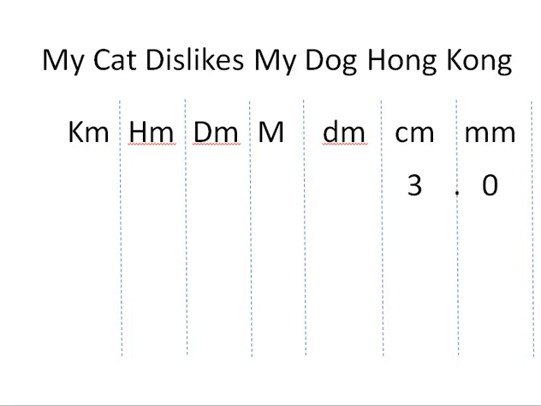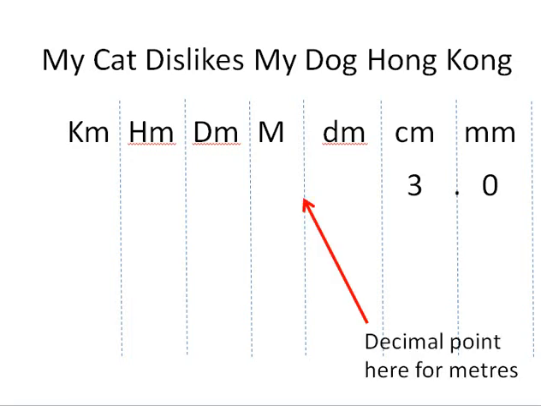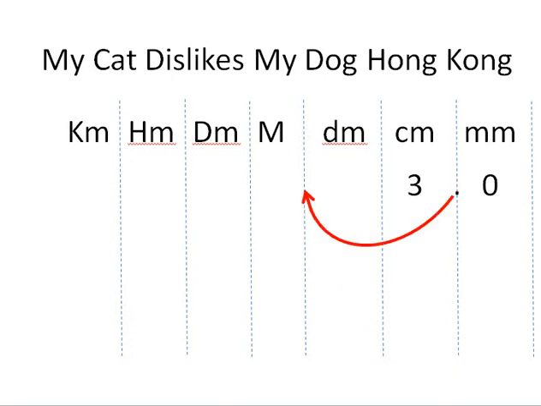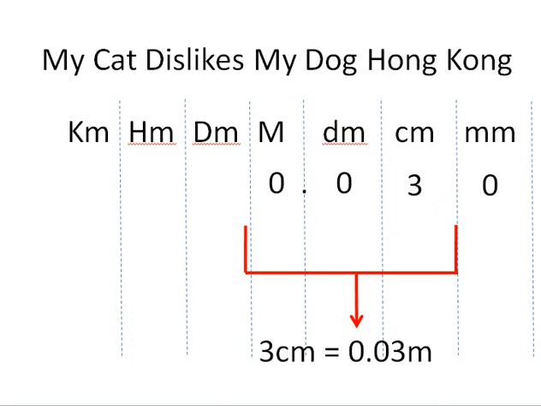Next, you're trying to find out where meters is. So the decimal point for the meters would be here. Now you just move the decimal point all the way over to the meters point, and there you have it, your answer. 3 centimeters is equal to 0.03 meters. It's really easy. Even if I asked you kilometers, all you have to do is bring the decimal point all the way to the kilometers part, and you have your answer as well.